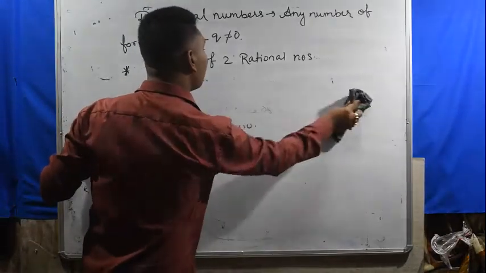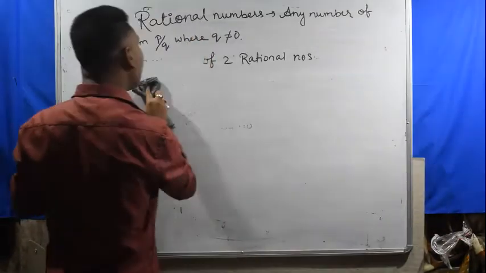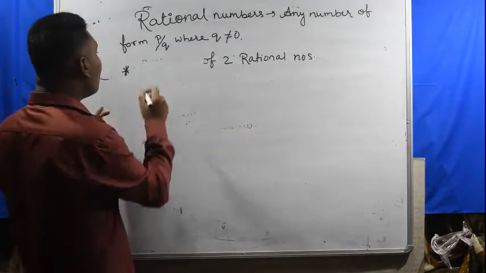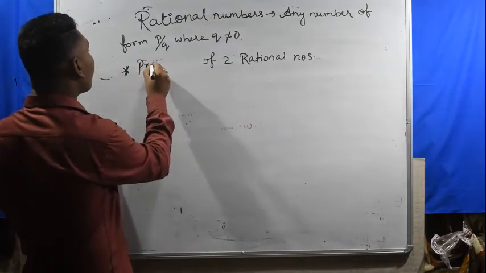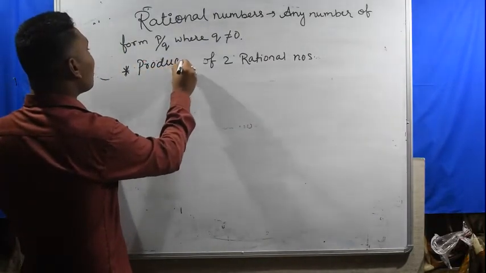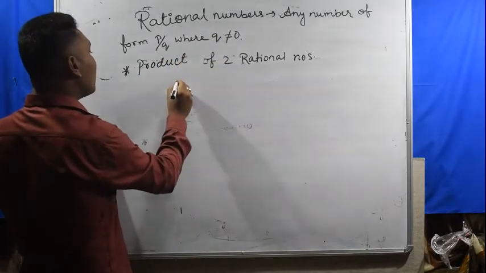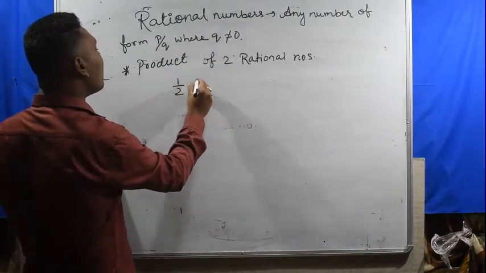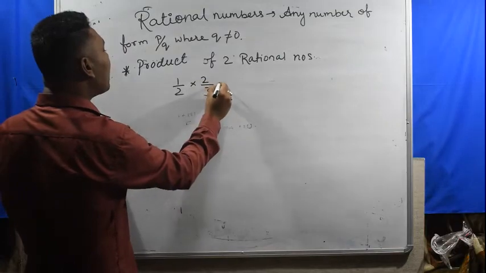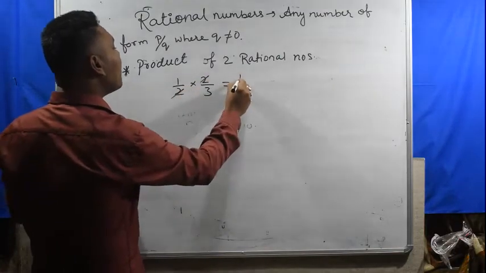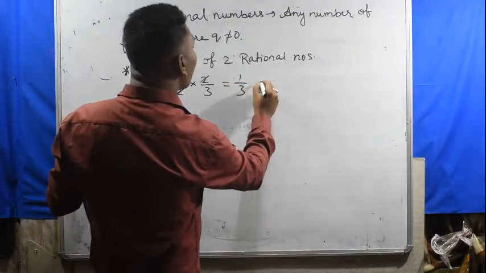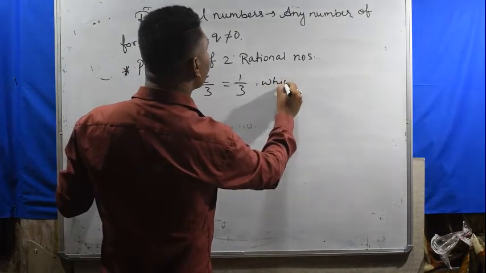Now let us see the product of two rational numbers. Same numbers I will take. 1 by 2 into 2 by 3, which will give you, 2 cut, 1 upon 3, which is a rational number.